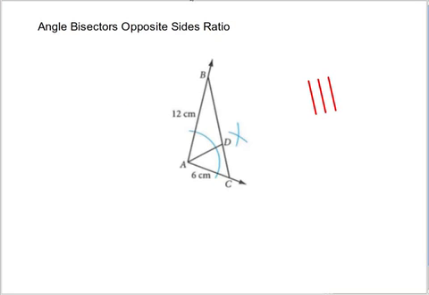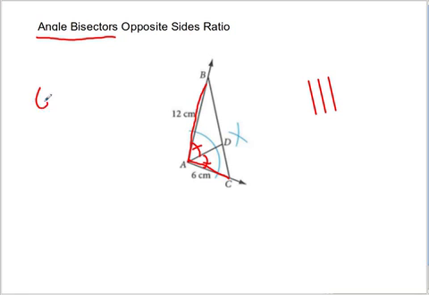Now let's talk about the second big idea for the day. Here we have a construction, which I know you all fondly recall, and hopefully you get that this is a construction of an angle bisector. So that's the first thing. The second thing is, let's compare the ratio of this side of the triangle to this side.